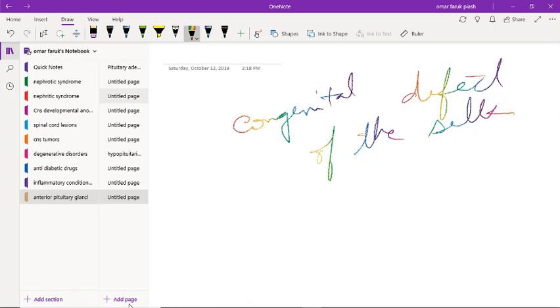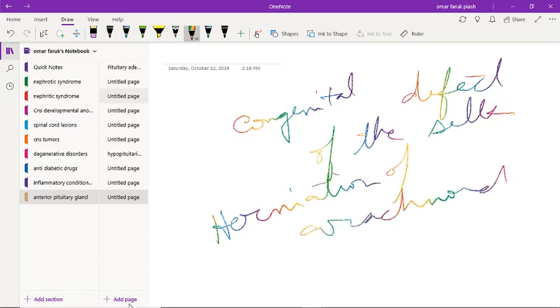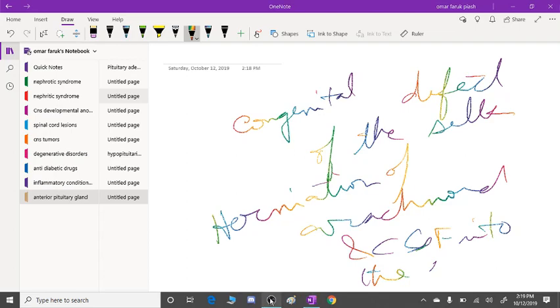There is herniation of the arachnoid and CSF into the sella, which compresses and destroys the pituitary gland. You will see an absent pituitary gland on imaging, and that's all.